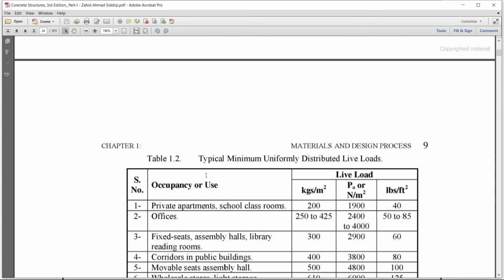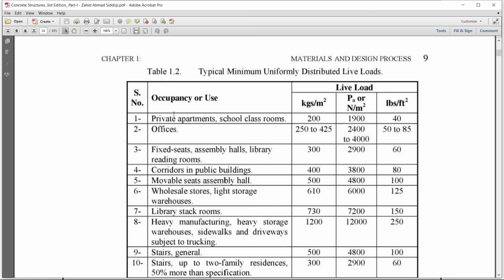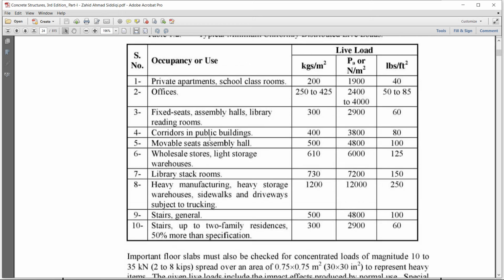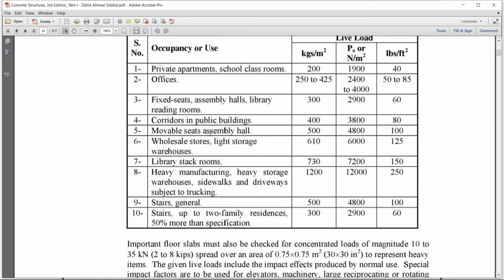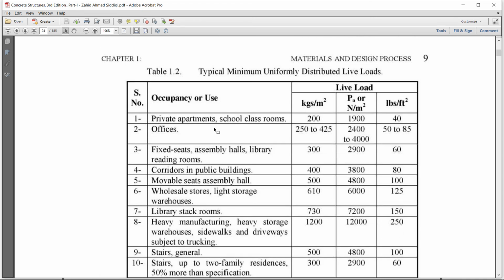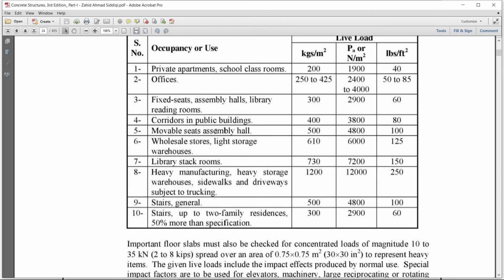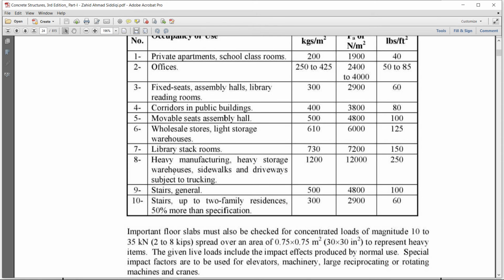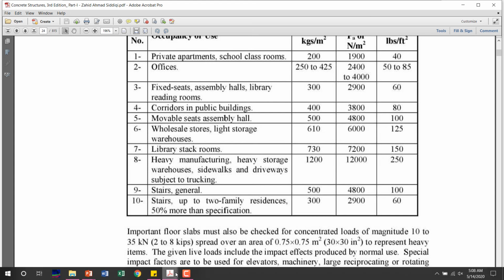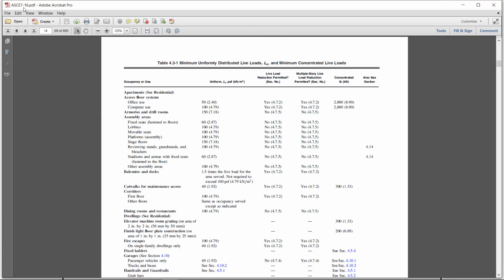Again, in the slides I have discussed only a few values, but here are typical minimum uniformly distributed live load values. Here, private apartments, 200 kg per meter square, and that is 40 PSF, pounds per square feet. Library stack room, even in the book the author has used some lesser values. To see the full form of the table, you can see ASCE 7-16 table.